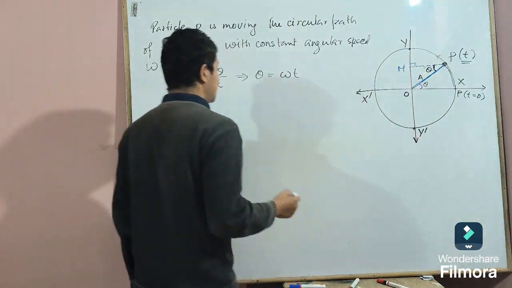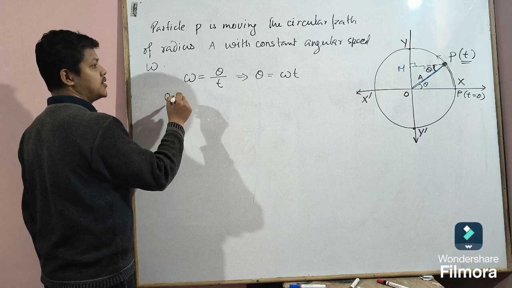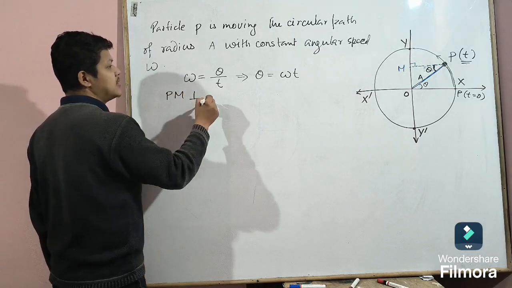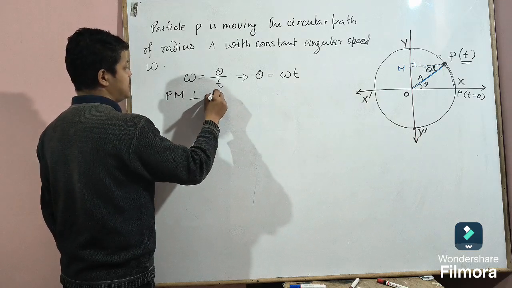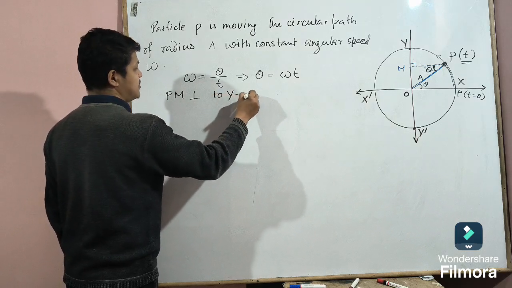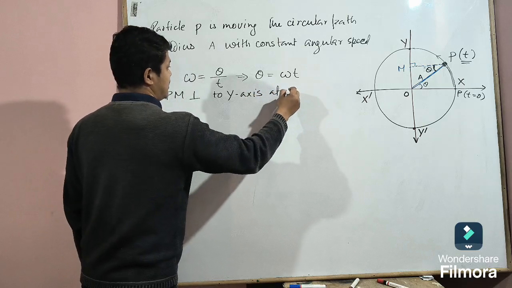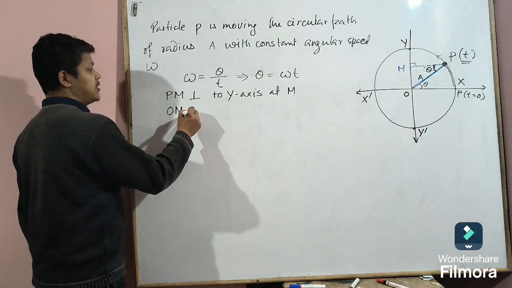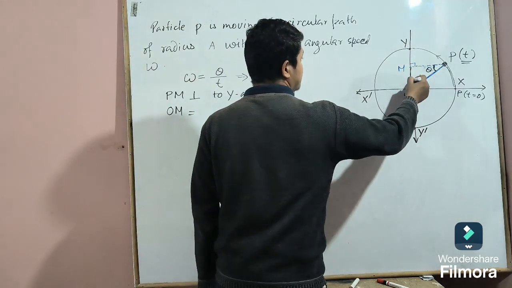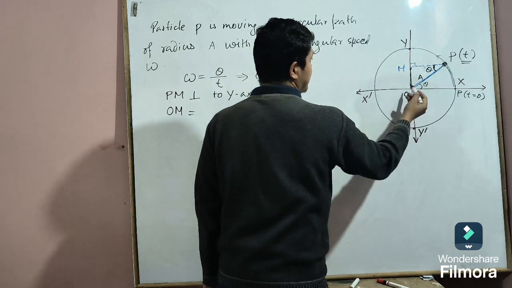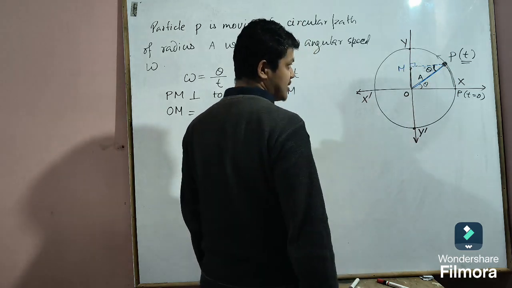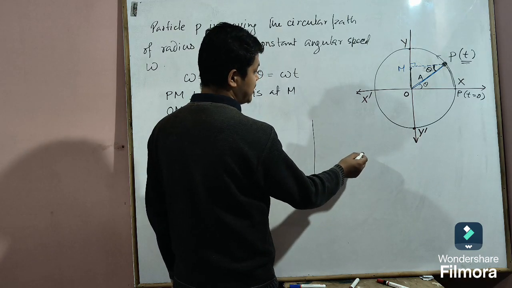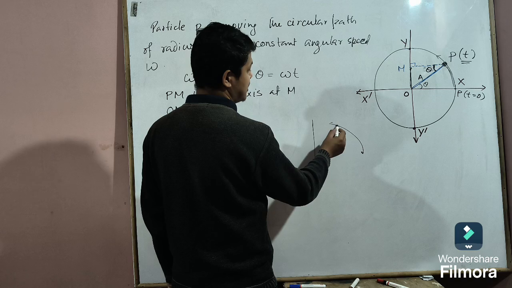Now PM, sorry, not OM, let me write PM. PM is the perpendicular to the y-axis at M, and OM gives the displacement of this particle along the y-axis. So now you see, this particle P is moving in this curved path from here to there.